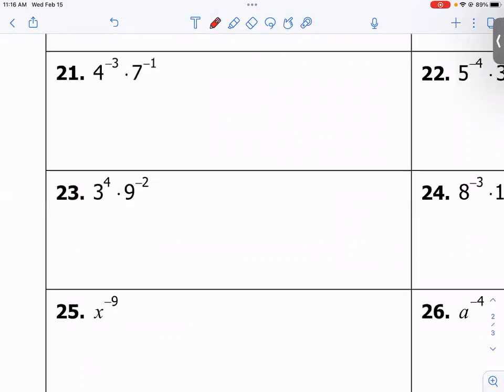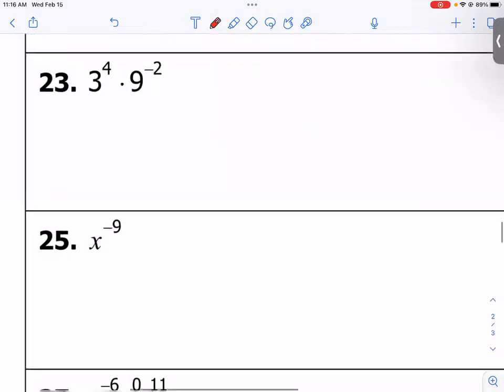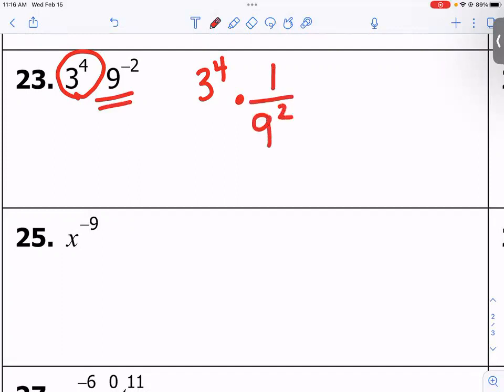All right. So let's jump down to like number 23. 23 is interesting. Okay. Is this a negative exponent? No. So we don't have to rewrite it. However, 9 to the negative second would have to be rewritten as 1 over 9 squared. Okay. Well, what is 3 to the 4th?